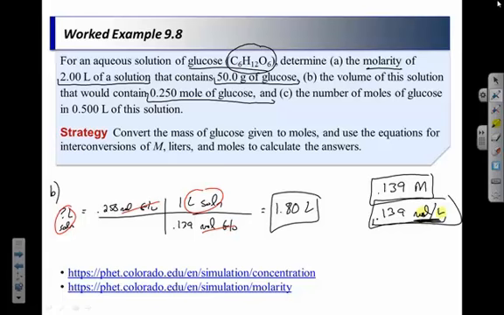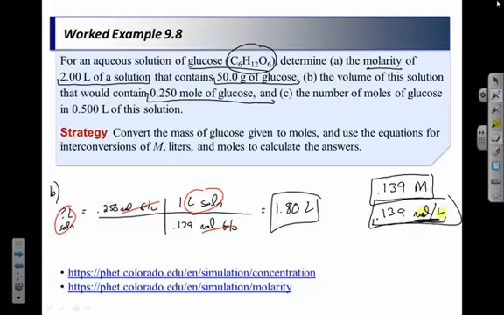If you want to provide a certain number of moles of a drug or a reactant to a chemical reaction, and it's in solution, you divide the moles. You use this as a relationship to calculate, I need to add 1.8 liters of this solution if I wanted to supply, at that concentration, 0.250 moles.